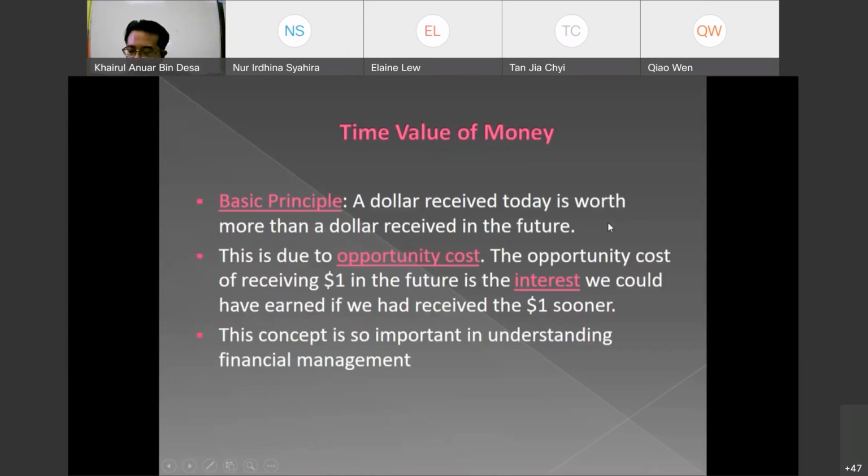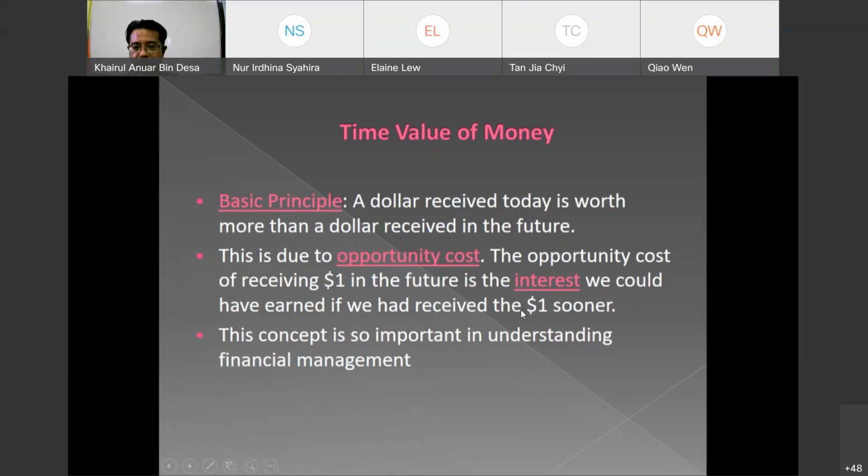Guys, last week we discussed the basic principle of the time value of money, where a dollar received today is worth more than a dollar received in the future. What is the element involved in the time value of money? The big factor is the interest rate.